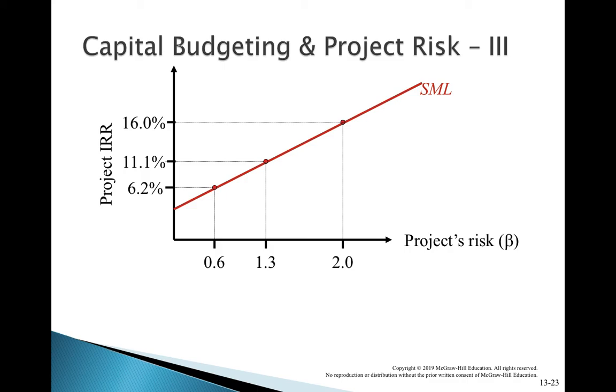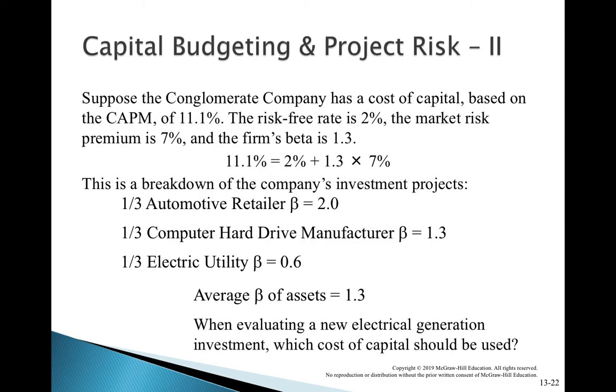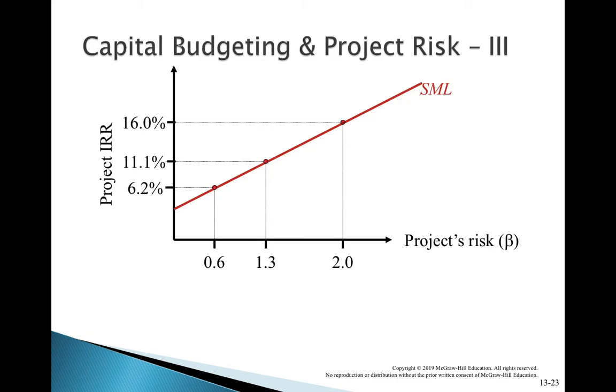So going back to the question, if you are taking an electrical generation project, your expectation should be 6.2%, and you should calculate the NPV on the basis of 6.2%, not on 11.1% or 16%. If you are taking a retailer project, you should take the cost of capital as 16%.